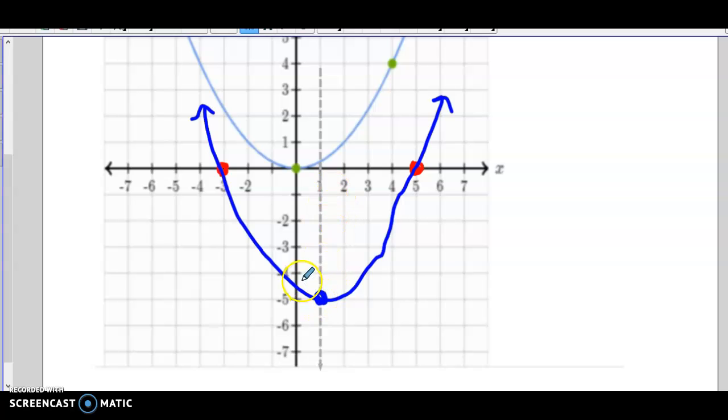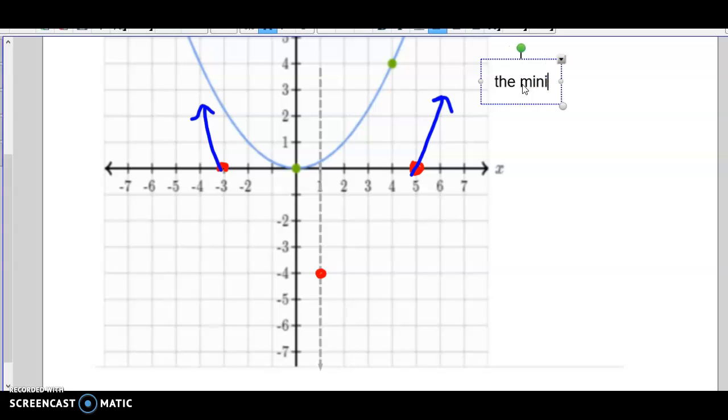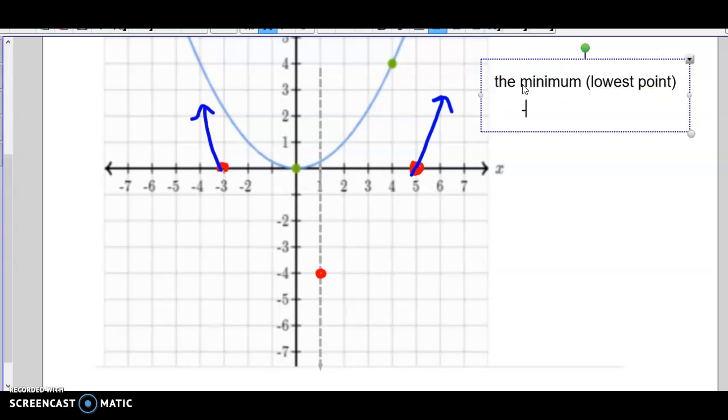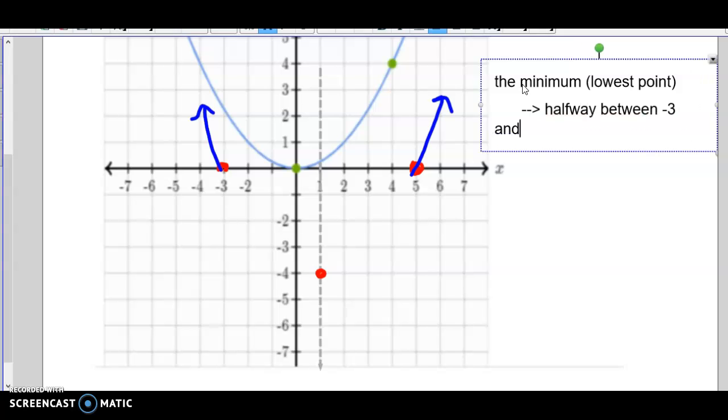Oh shoot, I did that all wrong. Okay, back up. So the minimum value is -4, so it doesn't go below -4, right? So if it doesn't go below -4, that means that the minimum or lowest point is halfway between -3 and -5.